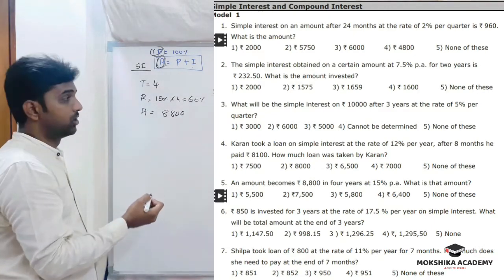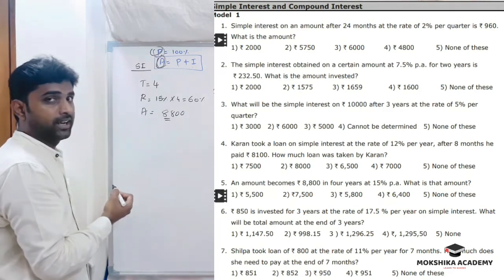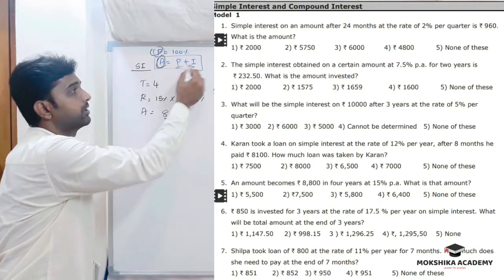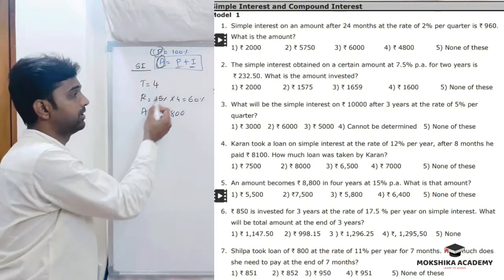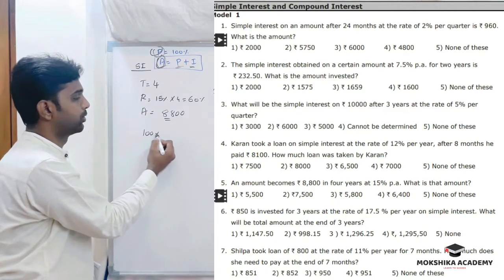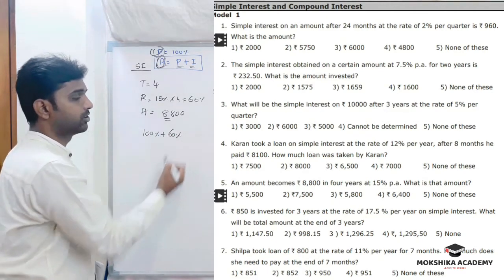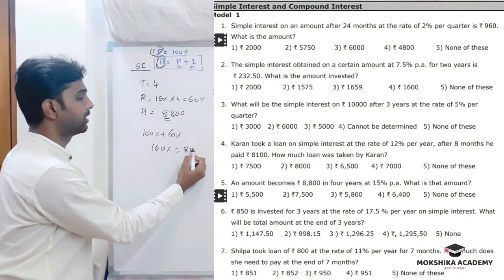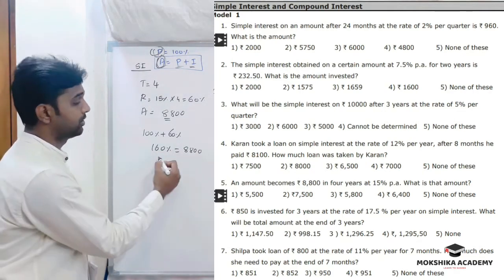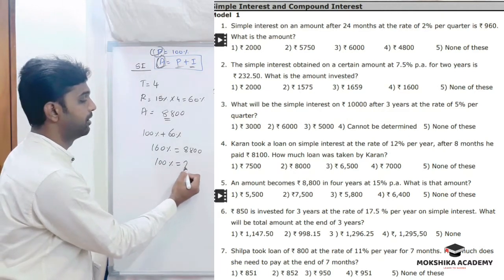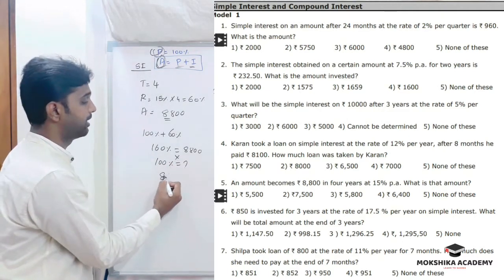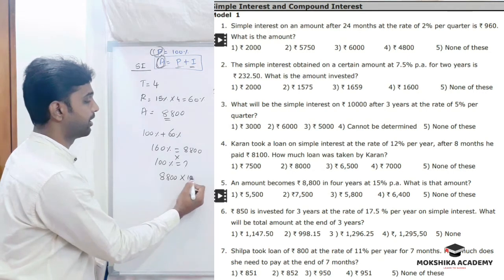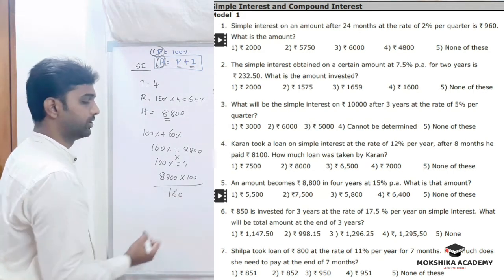Okay student, so then this 8,800 means what? Principal plus interest. Principal is how much? 100%, plus interest is so much? 60%. So 160% is equal to 8,800. You need to calculate 100%, that is the principal. Cross multiply 8,800 into 100 divided by 160.